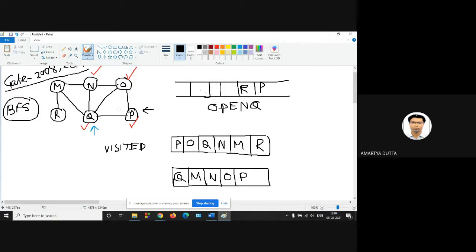So from R, we are getting only M. M is in visited. So write down R. Okay. So delete R from this open queue and P is there. P is already in visited, so leave it. So this is the traversal.